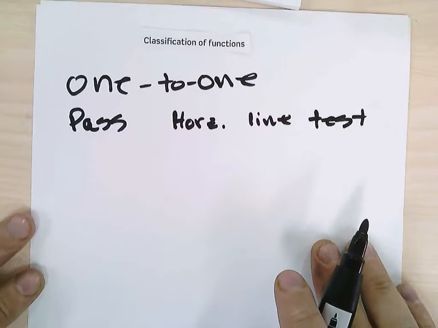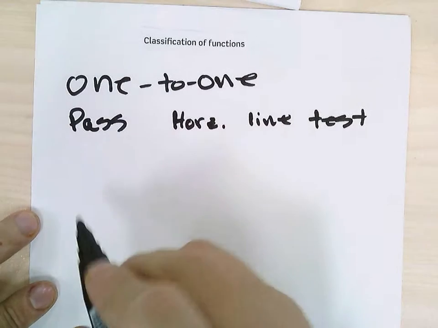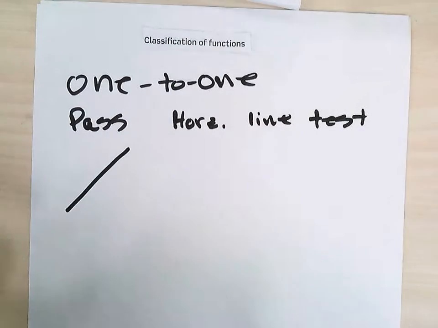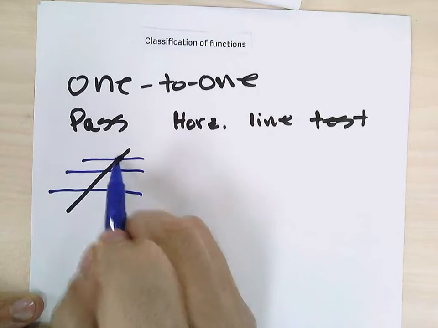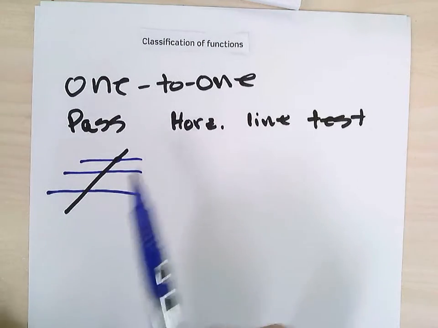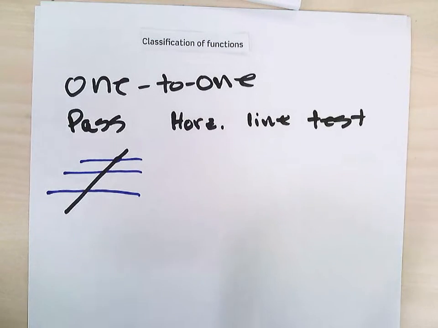If it passes the horizontal line test, that would be something like a linear function, right? And what does that mean? That means anytime I draw a horizontal line, it only crosses once every time I draw that, right? Hence, one-to-one. It only crosses once.